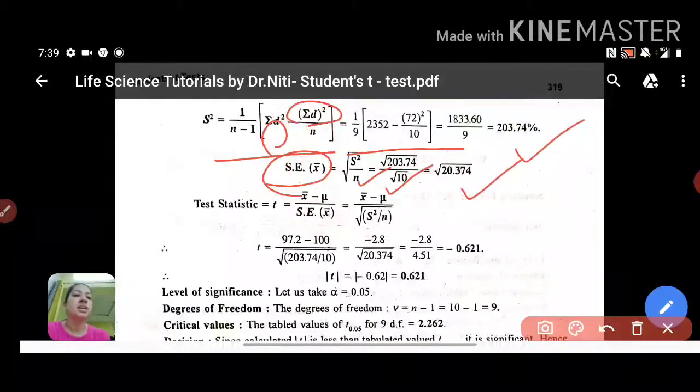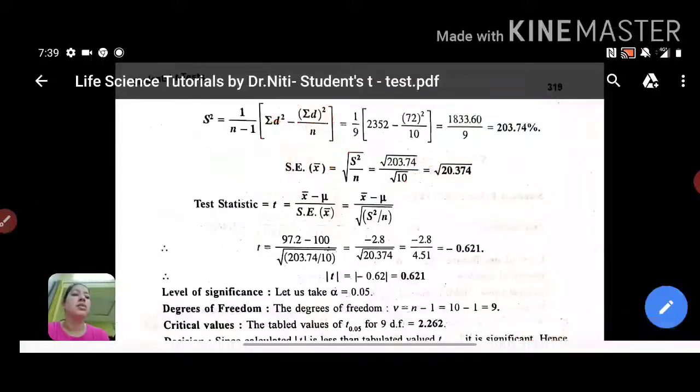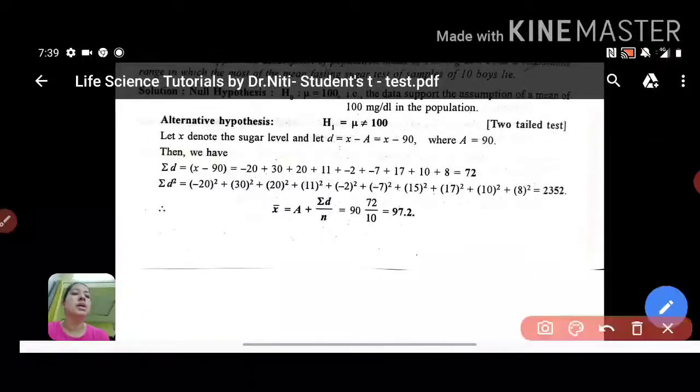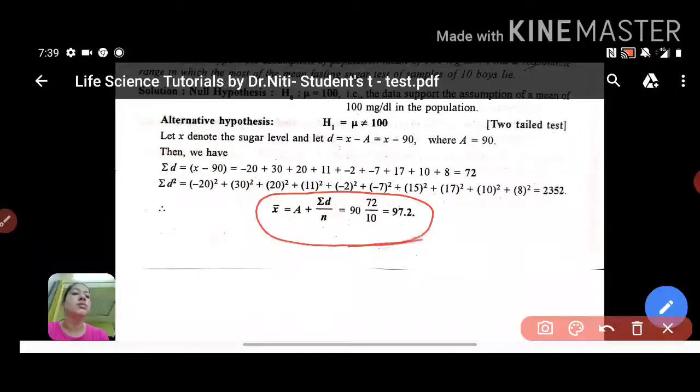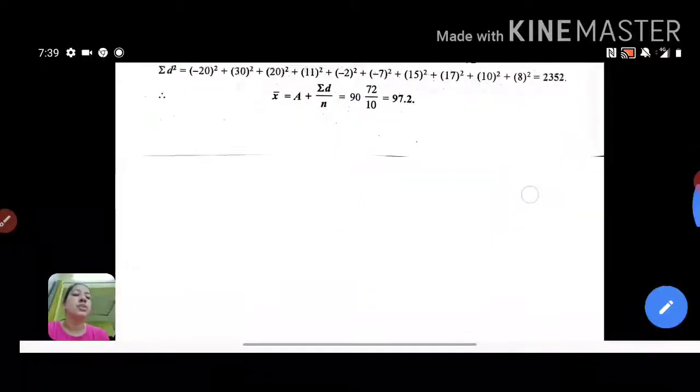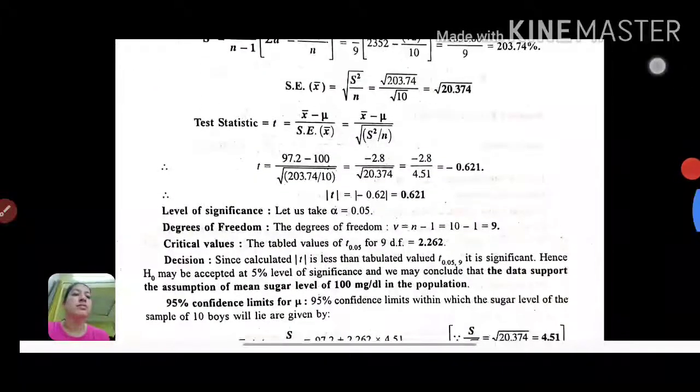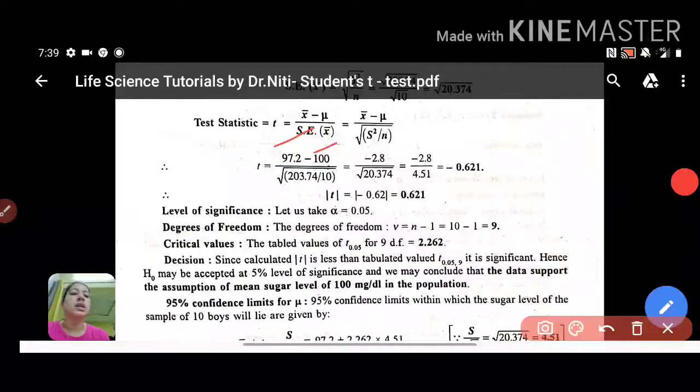The sample mean that came is 97.2, and the population mean was 100. By putting these values and the standard error of mean, if we solve it, the t value will come out like this.